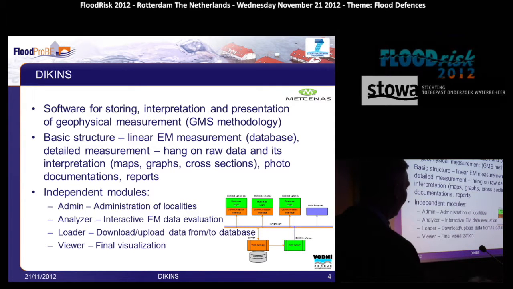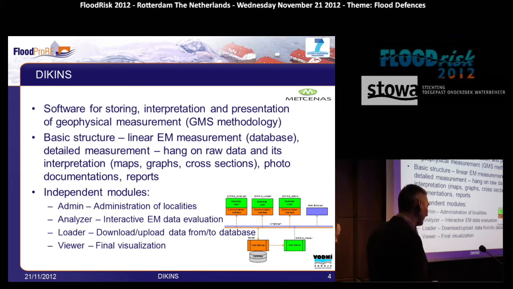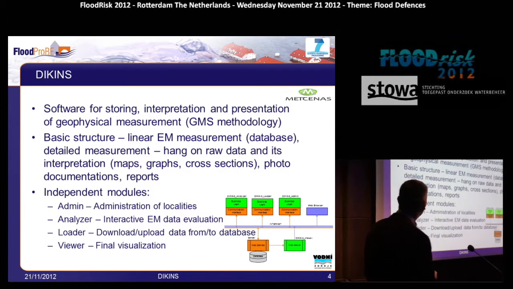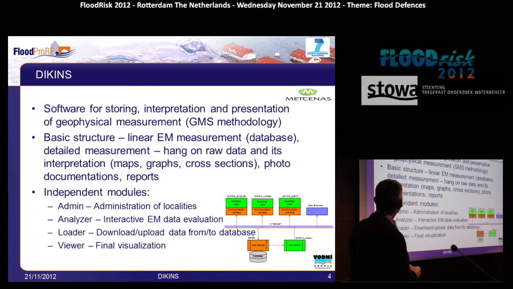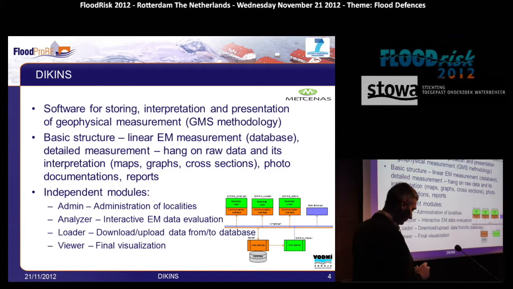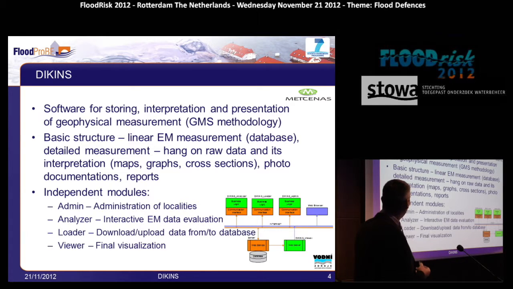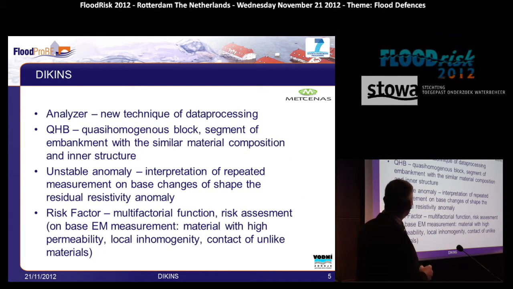All the data which are measured in this type of survey grow the database. We use the Daikin system software for development of this database. There are a couple of types of software.